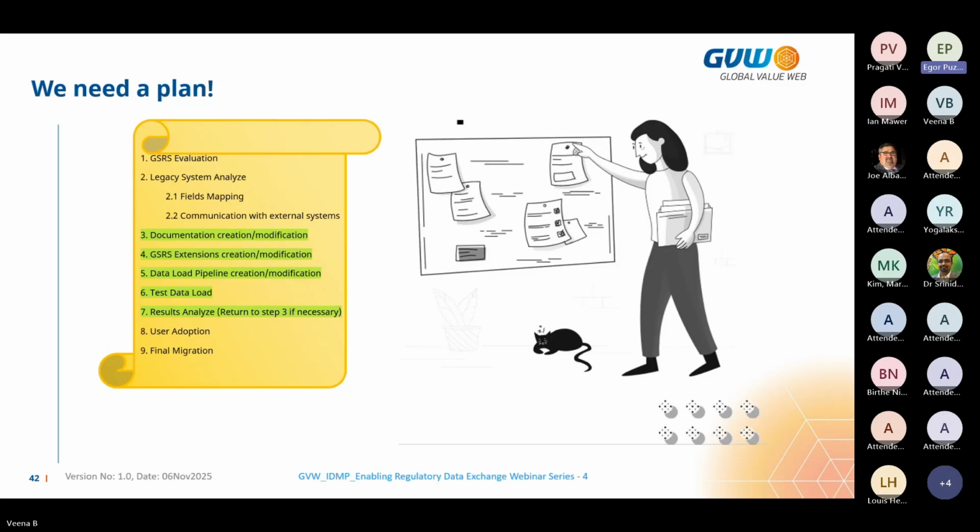After that, we need to put this into documentation and repeat the steps until we don't have any issues or errors in our bug tracking protocol. At the same time, we can start to teach users to use the new system. It's very important that users also learn how to use it and accept this system. Then we are ready to do the final migration. So please, next.